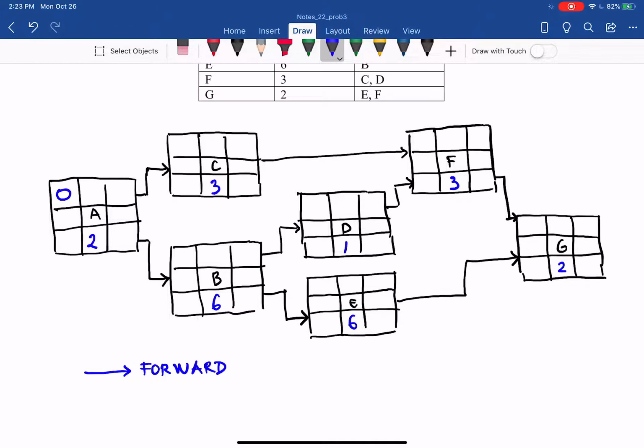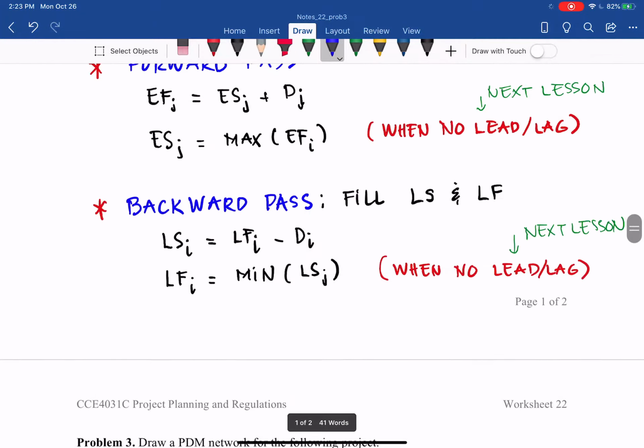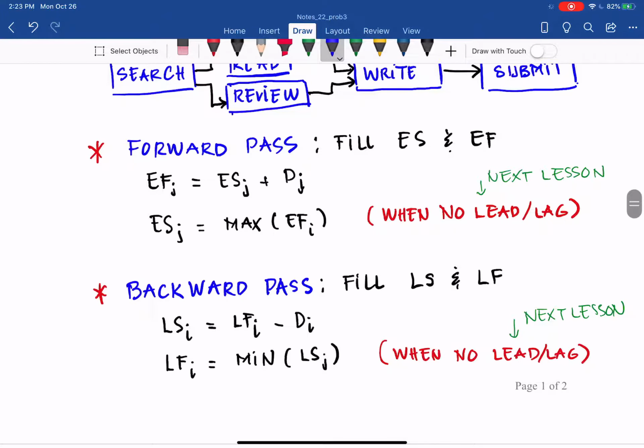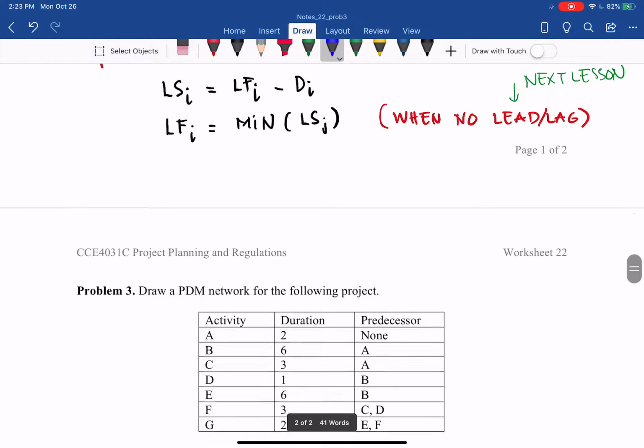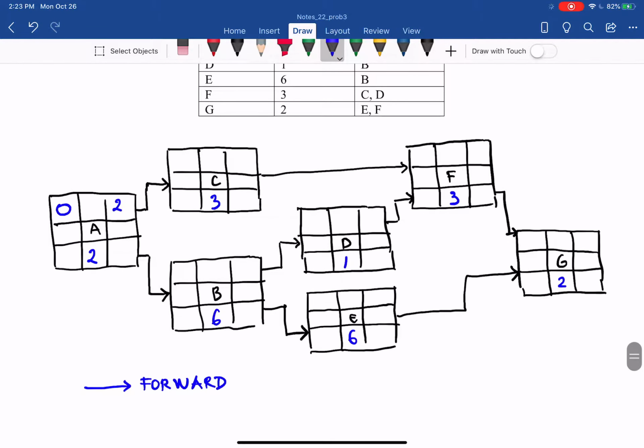We always start at 0 for the first activity. So that is 0 early start for A, and then going forward from left to right, the early finish of A equals early start plus duration, 0 plus 2 equals 2. The early start of the successor equals the maximum early finish of the predecessor, so it will be 2.